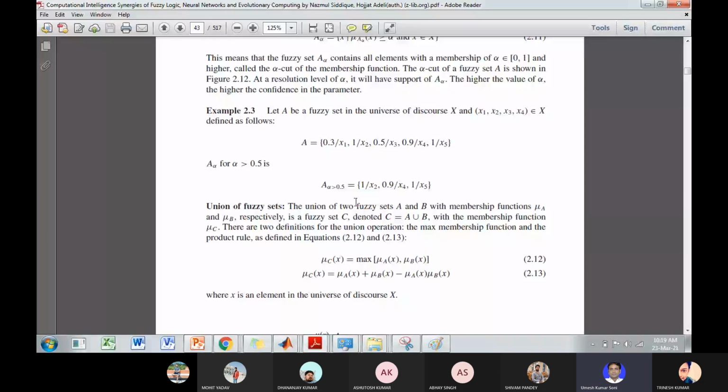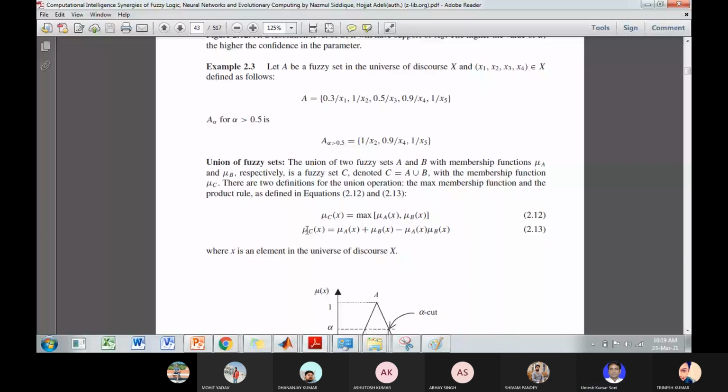Okay, so these are the two rules for OR. One is the maximum of both the membership grades, and the other uses the individual membership grades summed and the product subtracted. This is the probabilistic OR.